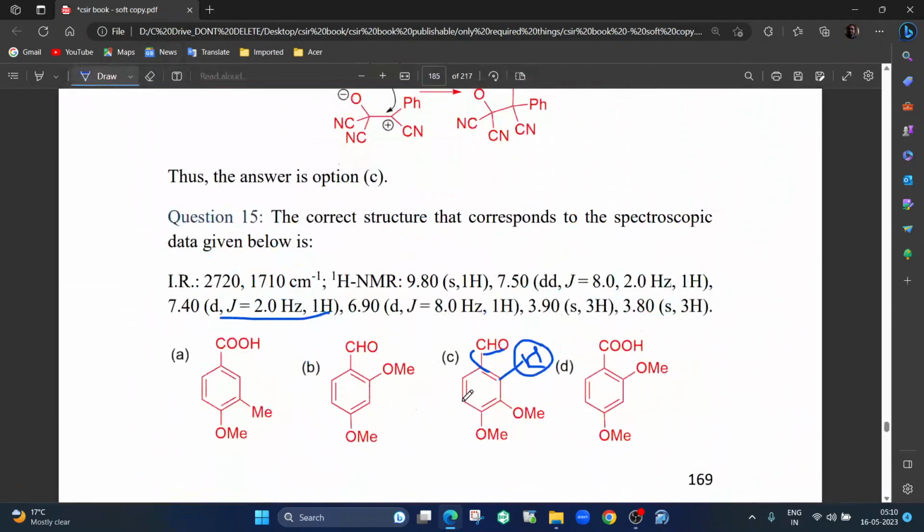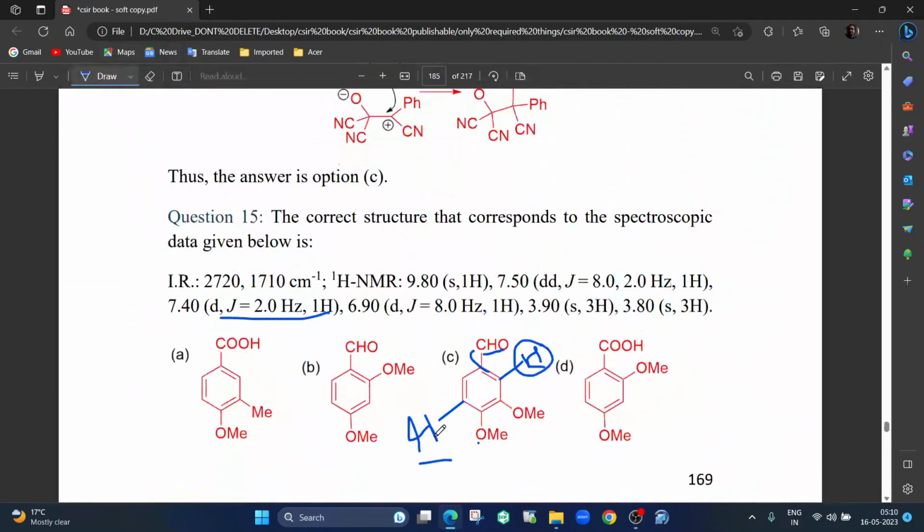What about this proton? This proton is shielded because of this OMe, right? This OMe is pumping electrons. So in one of the chemical structures you can show a double bond like this. So this will pump electrons here, this will shield. So this proton should come below 7.